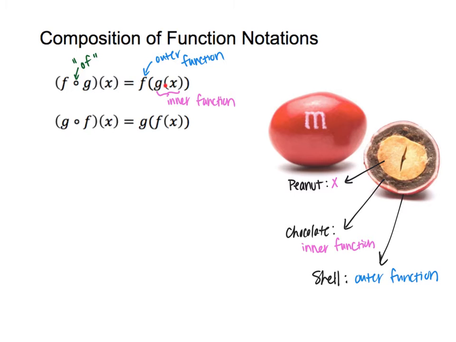So g is your inner function because it's being plugged into f. Whereas this one is g of f, and you can see that g is the outside function and f is being plugged into g. In the next slide, I'll show you how to use this type of notation to simplify some equations.